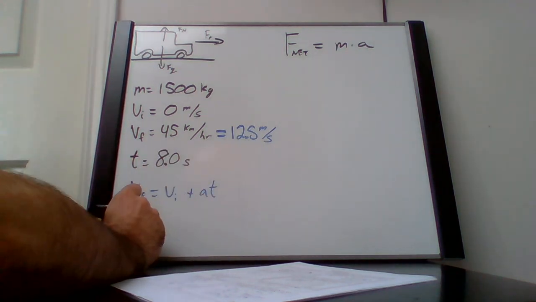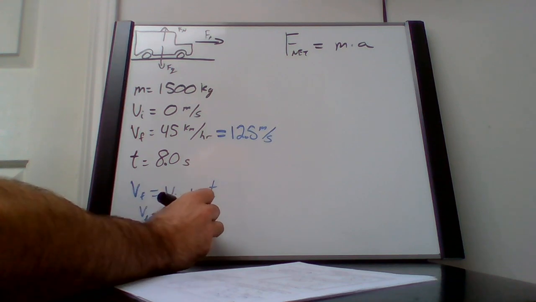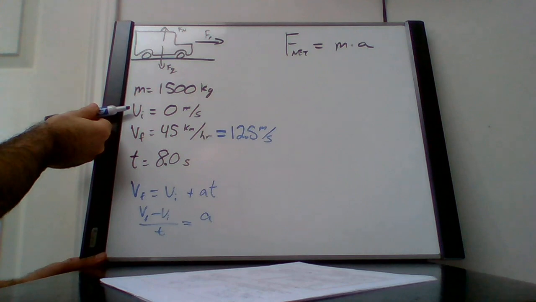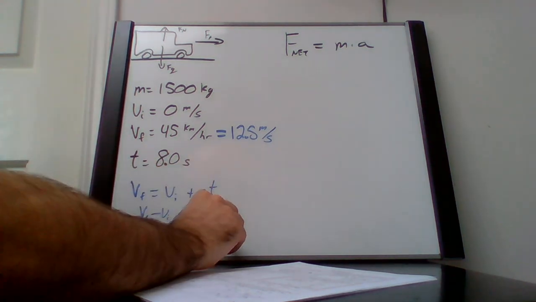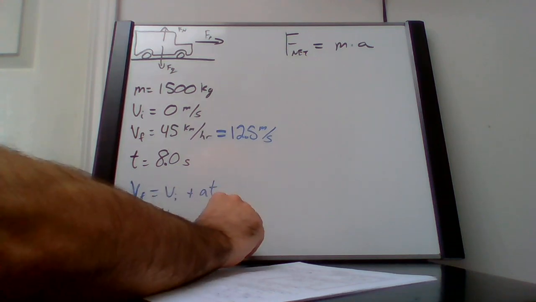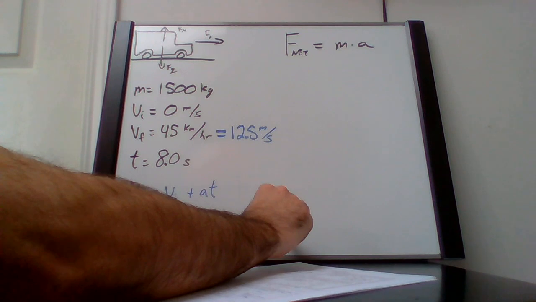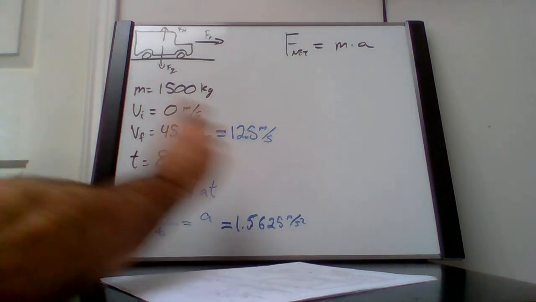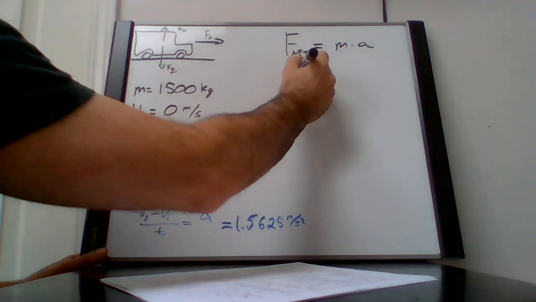Since we're looking for our acceleration, V final minus V initial divided by time equals acceleration. So 12.5 minus 0 divided by 8 gives me 1.5625 meters per second squared. Once again, we're carrying those extra sig figs for the final answer.